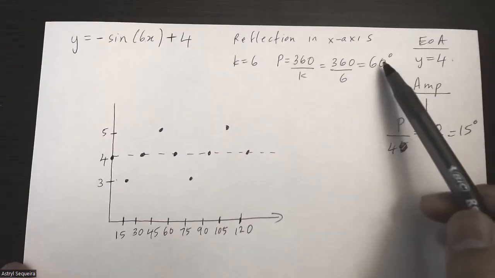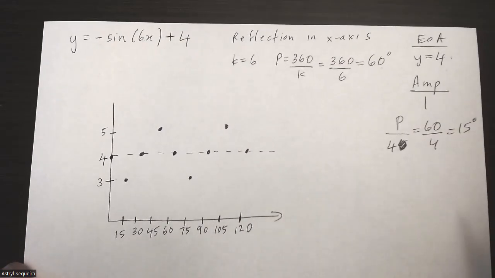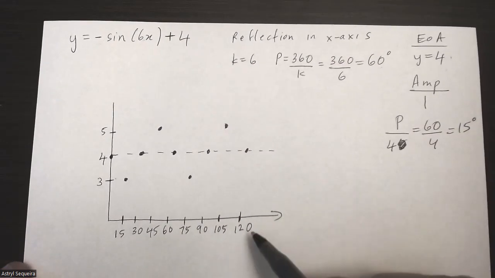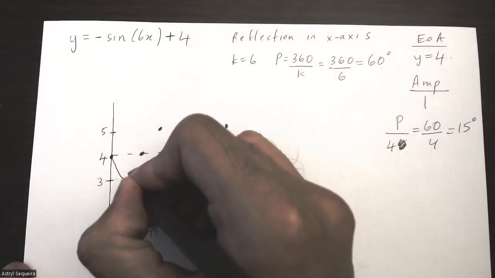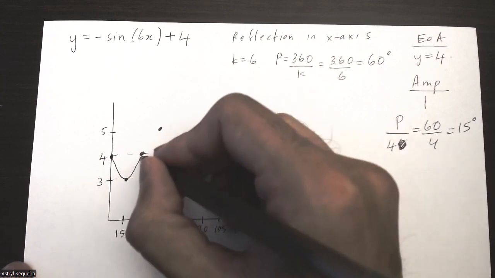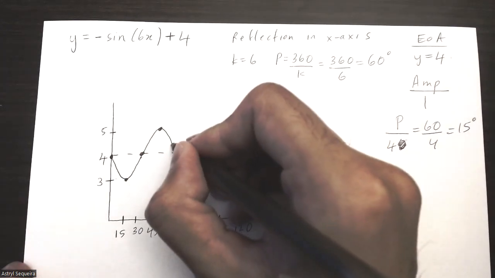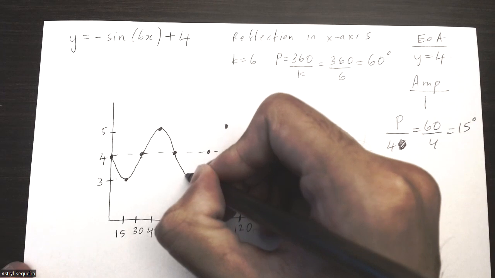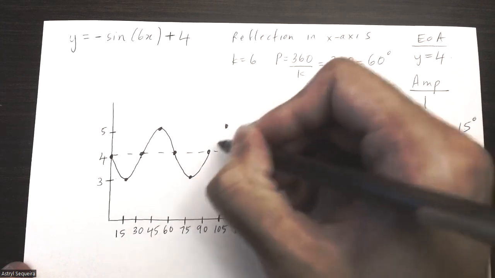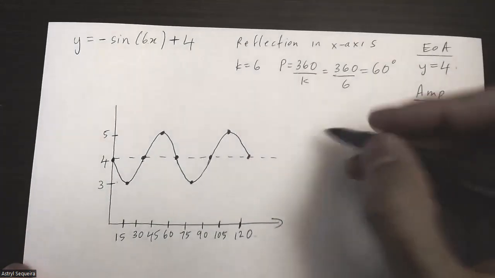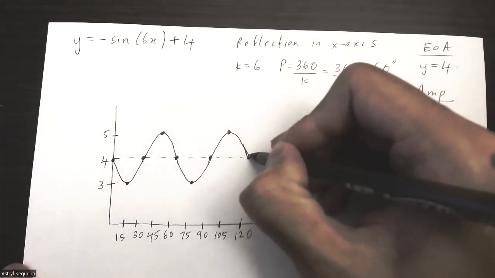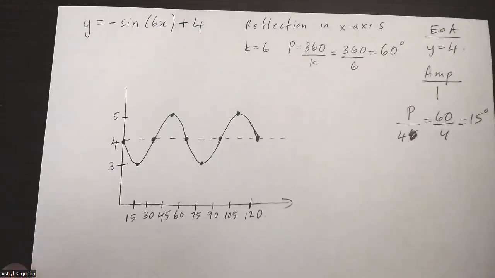I know that two of my periods, 2 times 60 is 120, so two cycles should be 120 degrees. Then you can just draw a curved line going through all your points. And that would be a sketch of the function for two exact cycles.